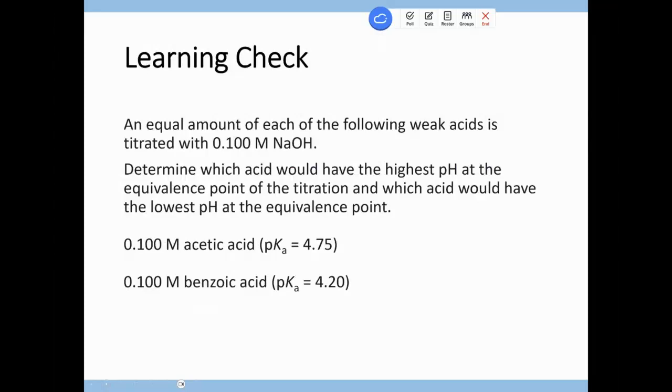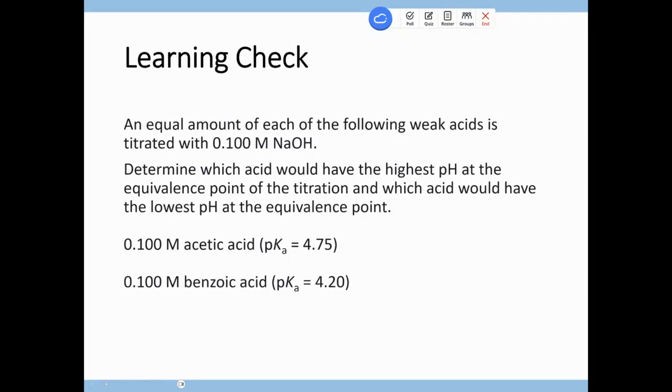So we're going to assume that we have the same amount of these two acids, acetic acid and benzoic acid. Both are 0.1 molar, so same concentration. Both are not strong acids. They're under the umbrella of weak acids, but one is stronger than the other.